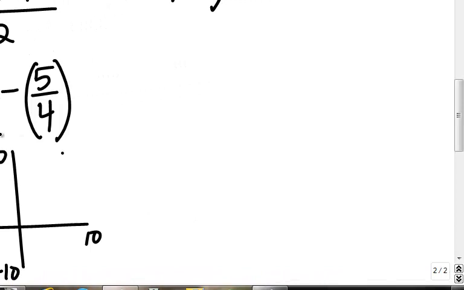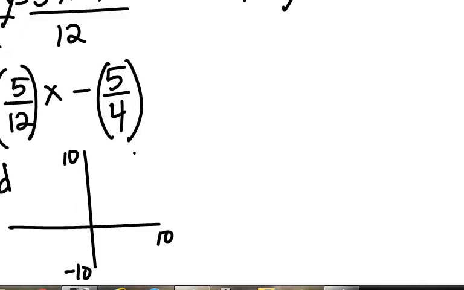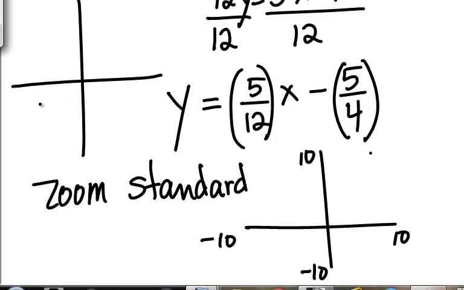Zoom decimal is a smaller user-friendly window, but if you go on that top row and just do zoom, it's zoom 6 for zoom standard. Okay, and it should show you a graph of a line. Should be coming through similar to this on your calculator. Everybody get a graph? Anybody need help?